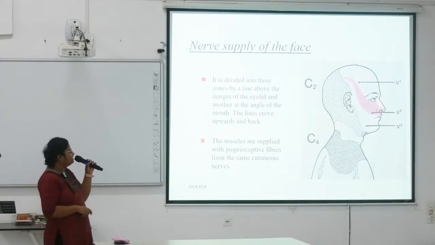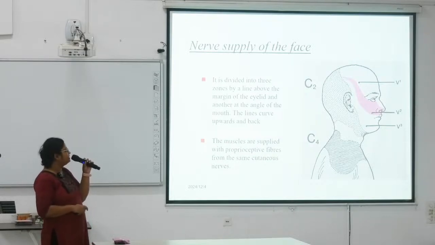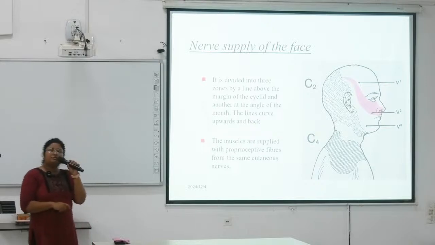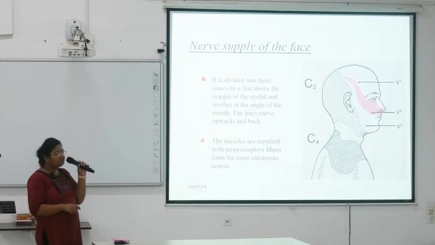All these three areas are developed from three processes which help in the development of the face. The face develops from three processes: frontonasal process, maxillary process, and mandibular process. The area formed by the frontonasal process is supplied by the ophthalmic nerve. The part formed by the maxillary process is supplied by the maxillary nerve, and the part formed by the mandibular process is supplied by the mandibular nerve.